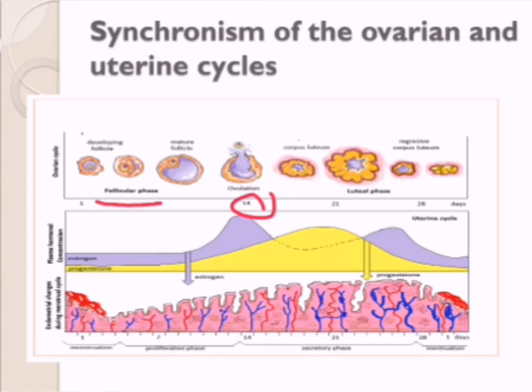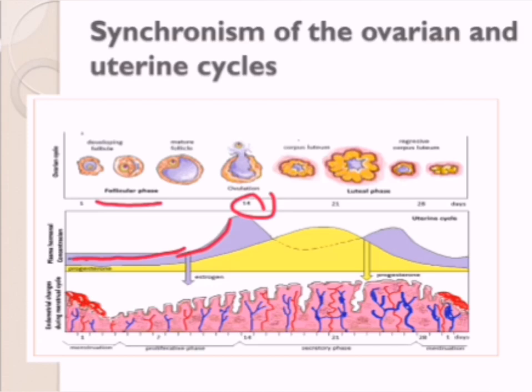At the beginning, the blood level of these hormones rises progressively. Then there is a rapid increase towards the end of the phase. So at the beginning, there is a progressive increase in the level of estrogen, and then at day 13, at the end of the follicular phase, there is a rapid increase in the level of secreted estrogen.